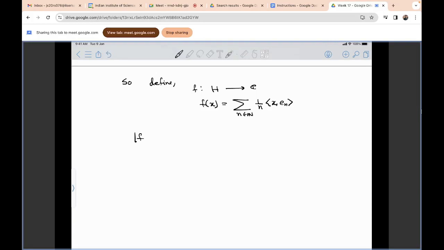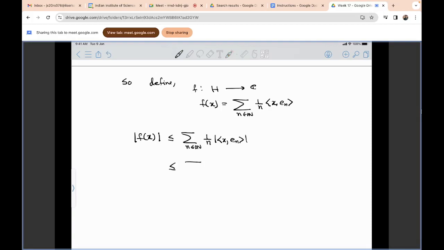So what is the mod of f(x)? This is less than or equal to the summation over n belongs to N of 1 by n times the mod of the inner product of x and e_n. Now use Cauchy-Schwarz. Take this to be a_n and this to be b_n, and use Cauchy-Schwarz.